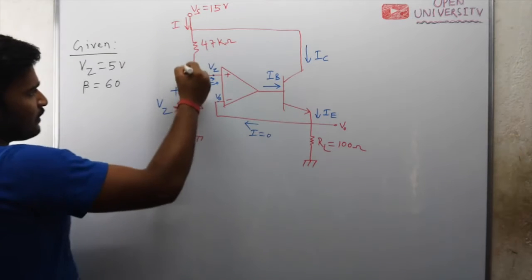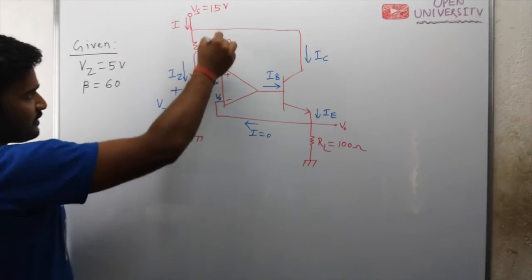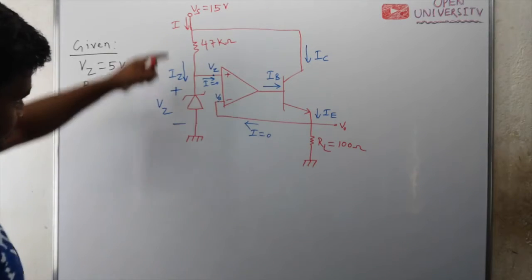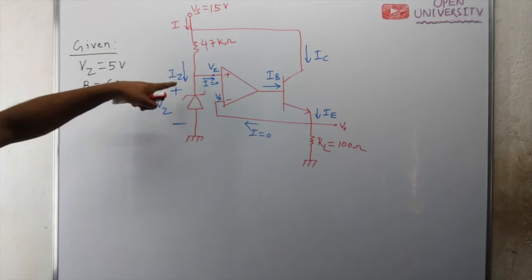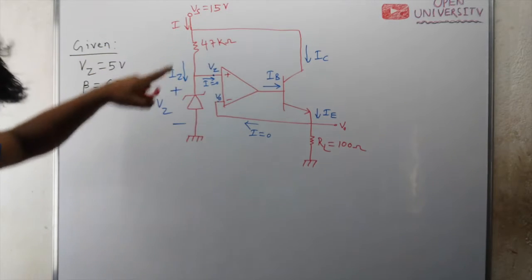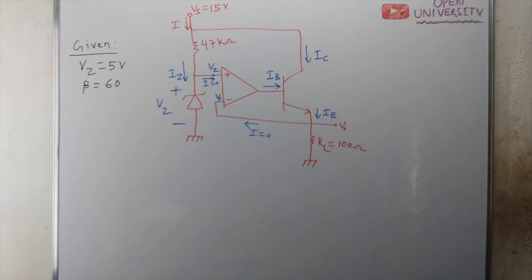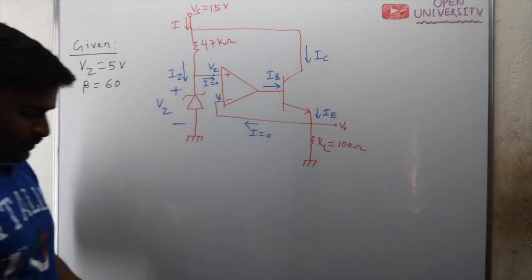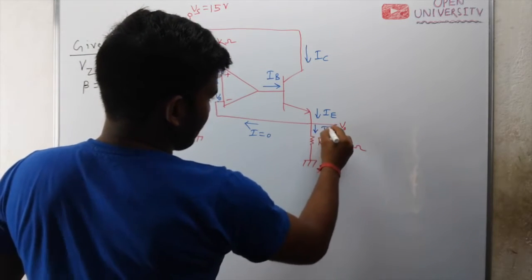Let the current through the resistor be Iz. The same current flows through the Zener diode, so the current through the Zener and through the 47 kilo ohm resistance is the same. Let the current through the load resistance be IL.